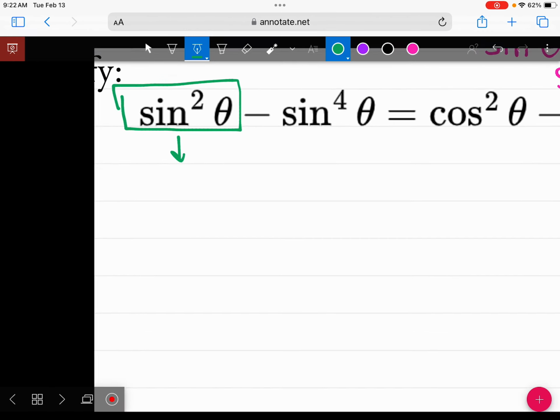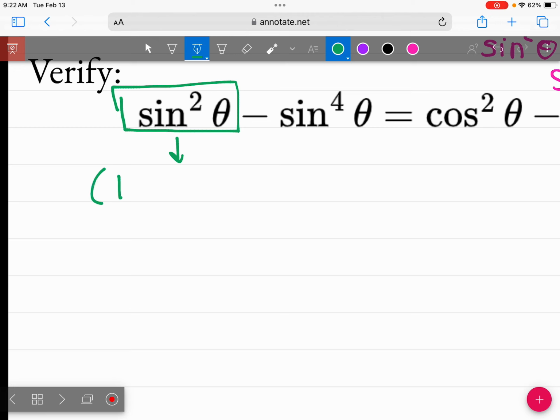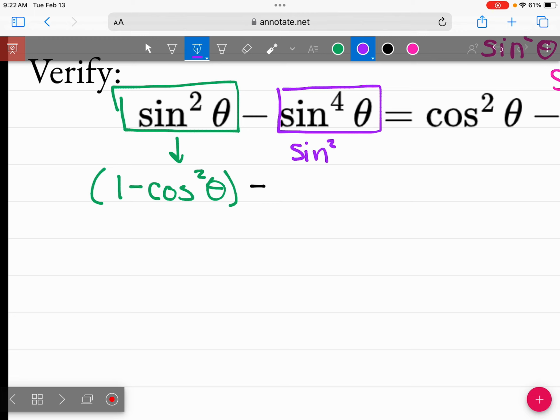And I can switch this down into being 1 minus cosine squared of theta. This piece, isn't that just sine squared squared? So could I do the same thing but then just square it?